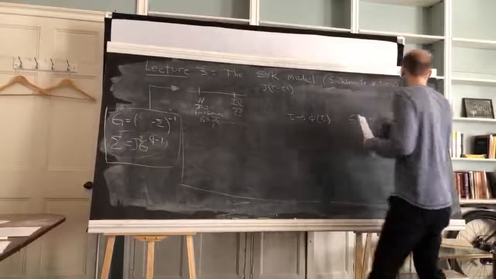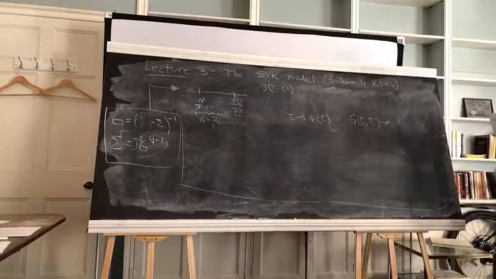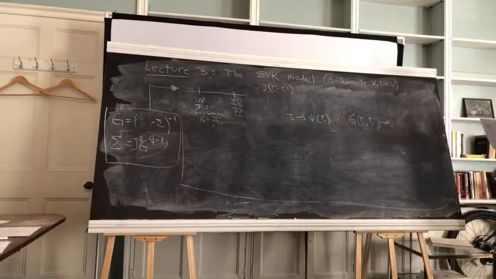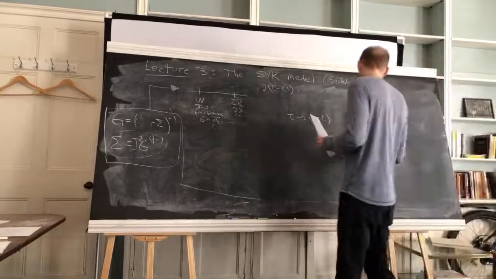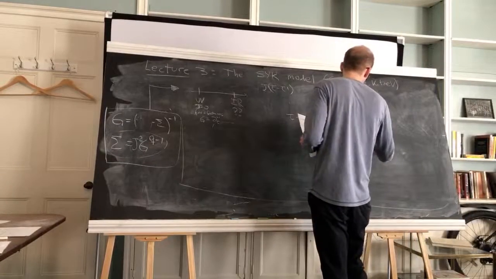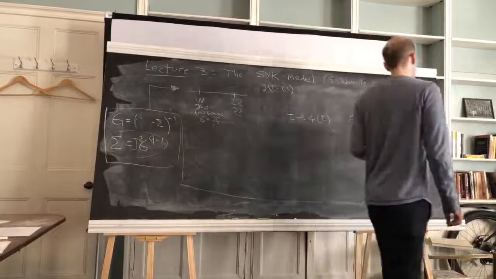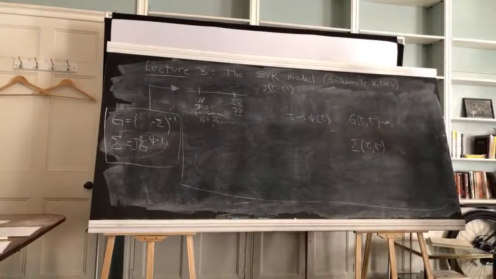And so the key observation is to realize that if G and sigma scale in a very particular way, those equations are left invariant.